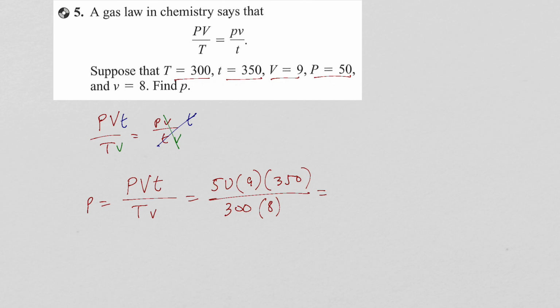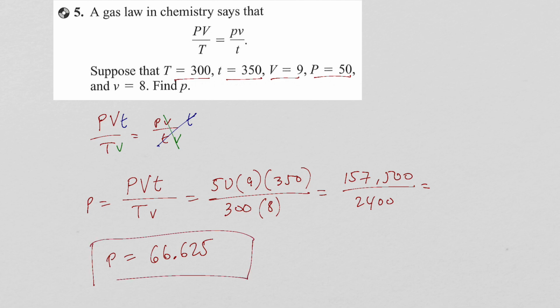So I'm going to just grab a calculator, and I have 50 times 9 times 350 is 157,500 over 300 times 8 is 2,400, and this comes out to 66.625. Now, in order for me to put the units on here, actually there are no units in this problem, so that would just be my little p. And that's it.